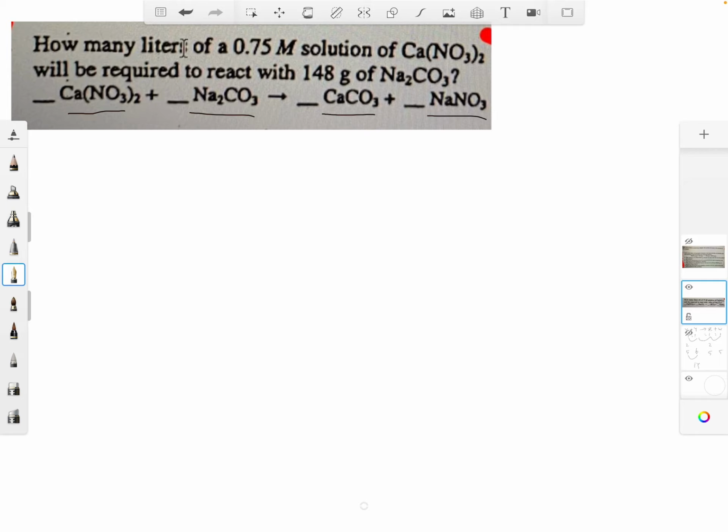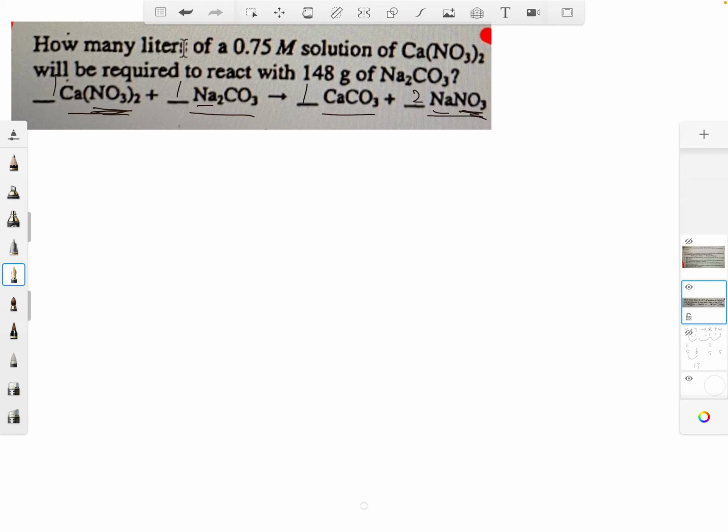I would look at the NO3 here. There's only one of these, so I just times it by 2, and we are actually done, because there are 2 sodium here, so it's 1, 1, 1, 2. That's the very first step.